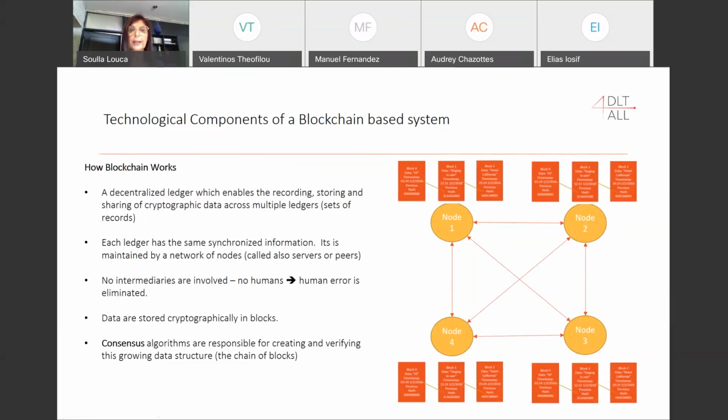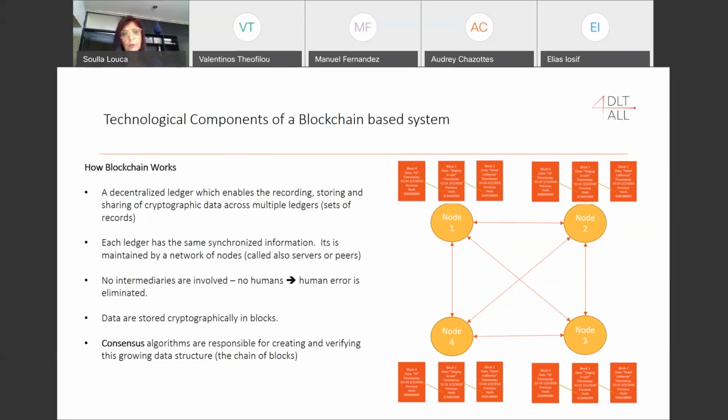Each ledger has the same information and is being kept by a network of nodes that we may also call servers or peers. No intermediaries are involved. There are no humans, and as a consequence, we also eliminate human error, since everything takes place algorithmically.